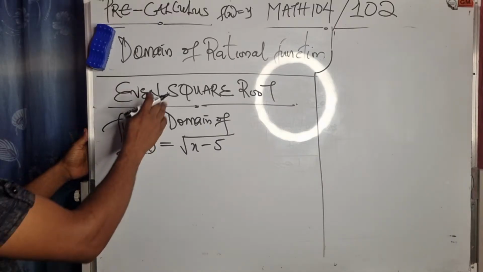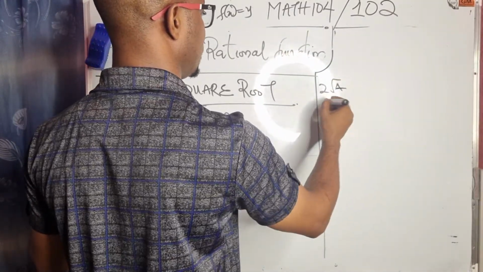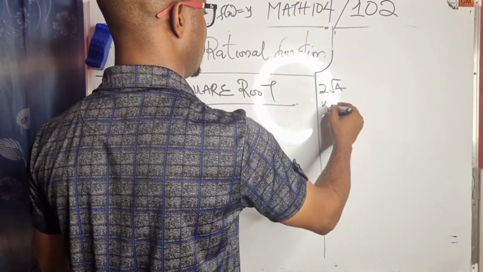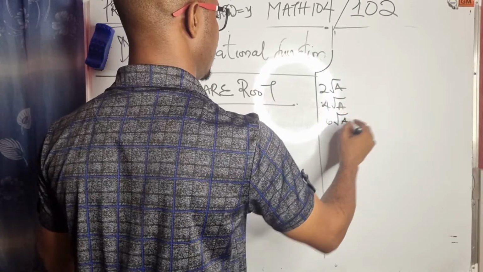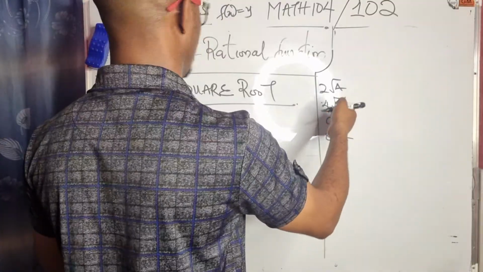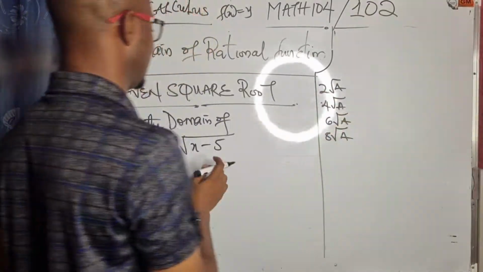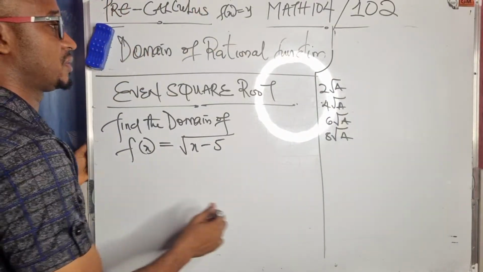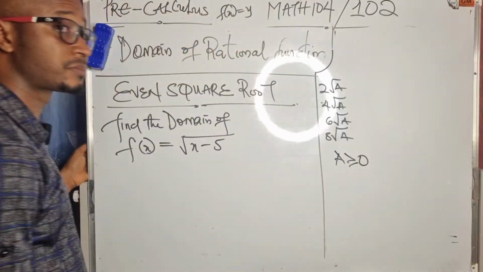Now, whenever I have an even root, like square root, 4th root, 6th root, 8th root, we have to set the polynomial inside the root to be greater than or equal to 0.